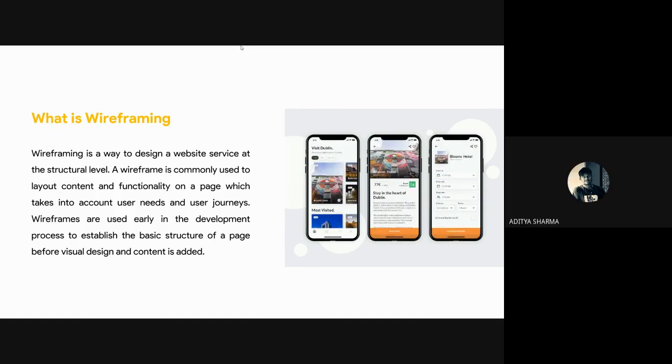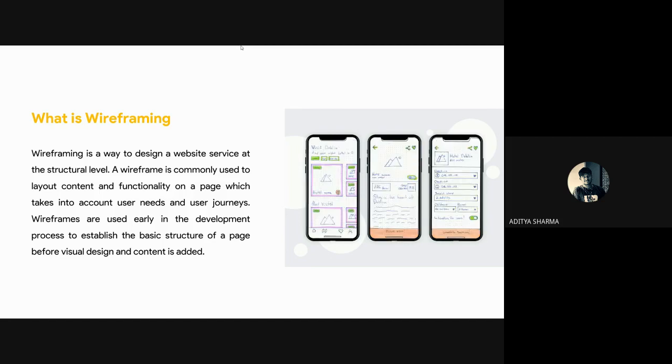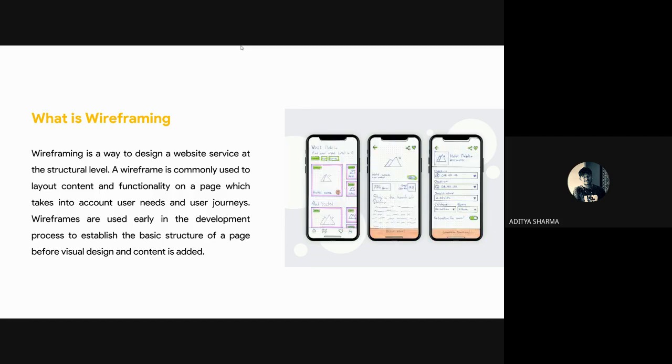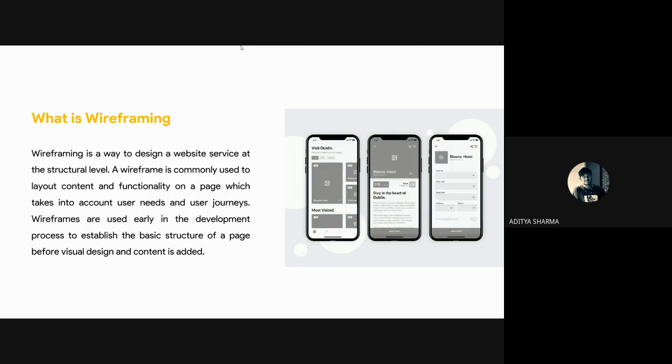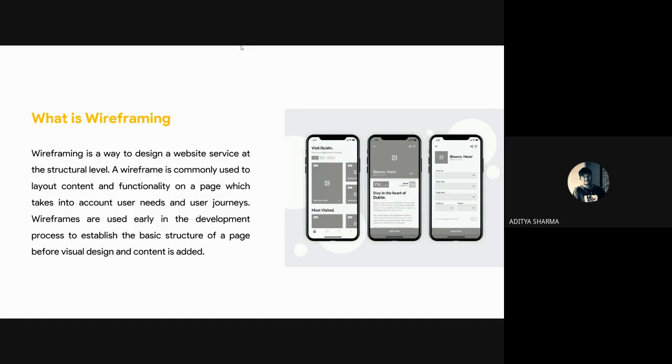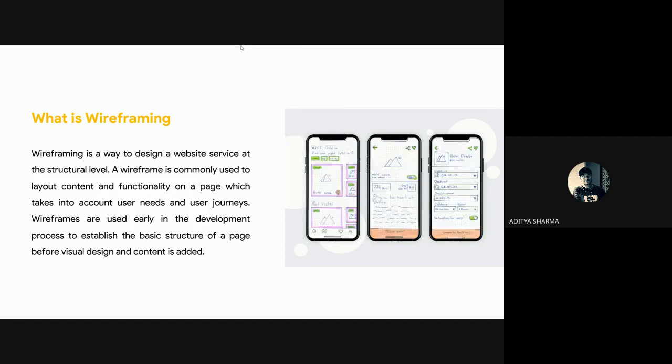Whenever you do wireframing, the input you get is the user flow and information architecture. Without it, you cannot do wireframing because you are not sure what to represent. That is the starting point, and along with that, you follow the UI design guidelines from Apple, or the Material Design guidelines put forward by Google.